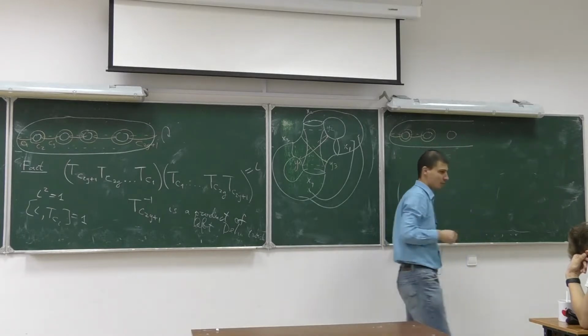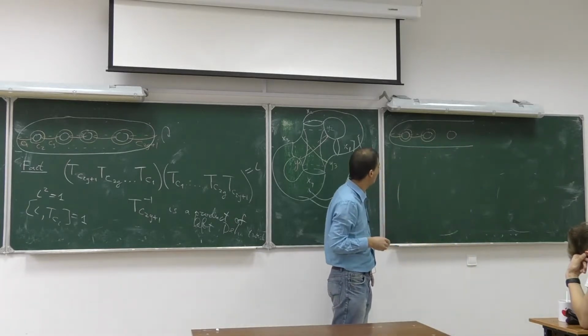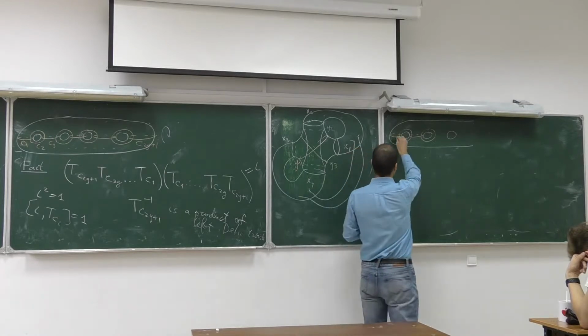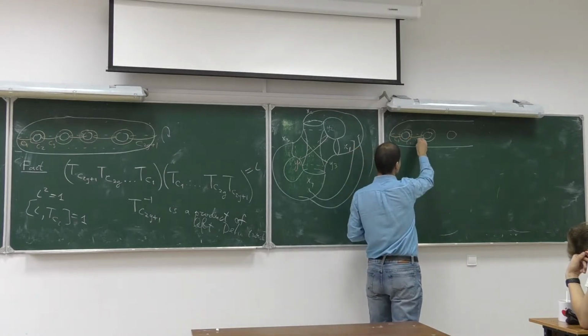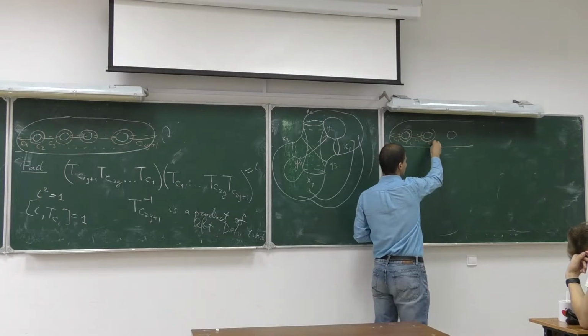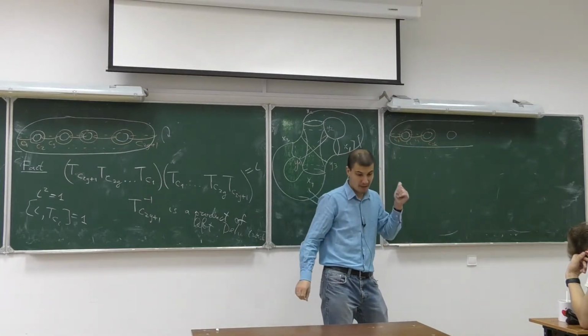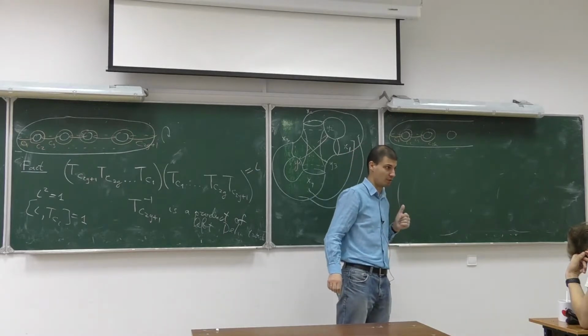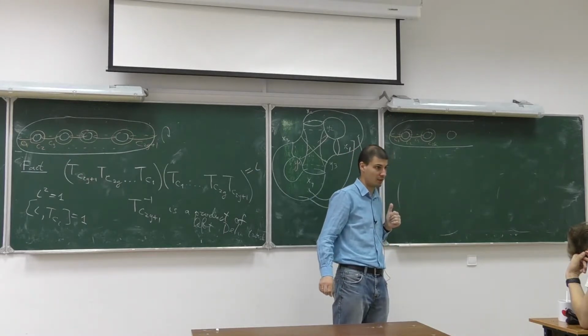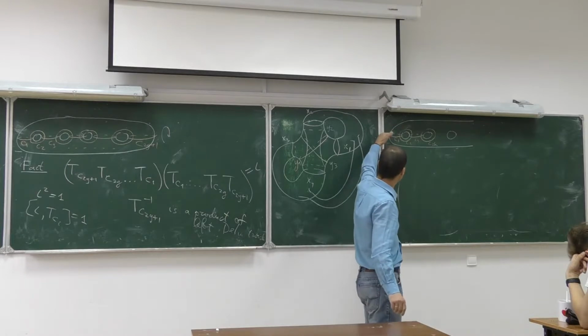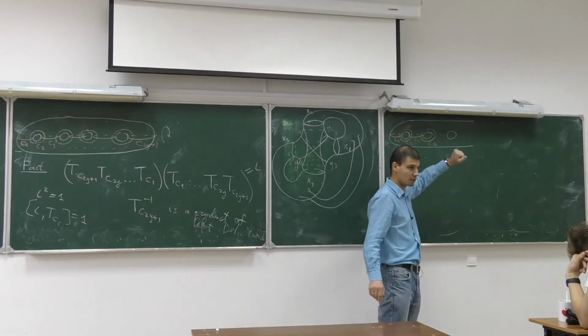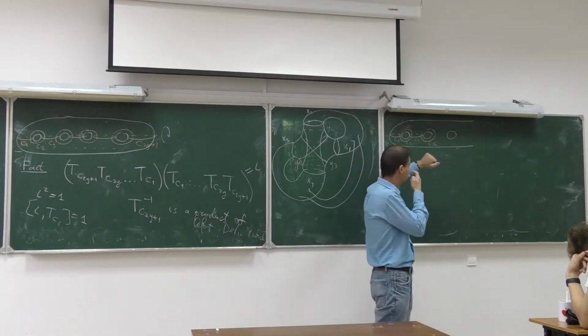First of all, suppose that we have C1, C2, C3, and so on. Suppose that this chain consists of an even number of curves. Let us cut along all these curves. What do we get?